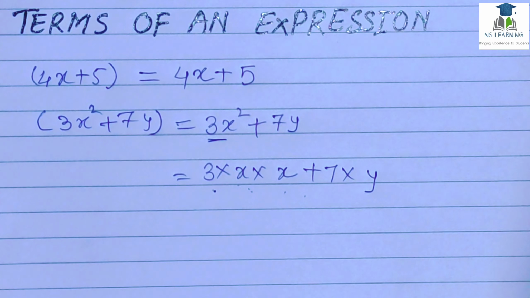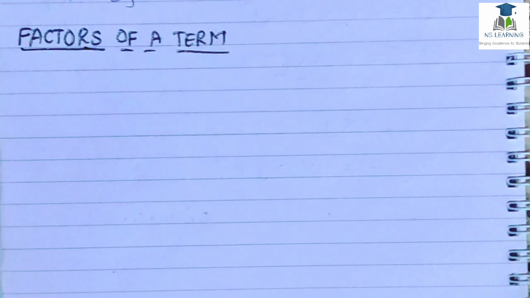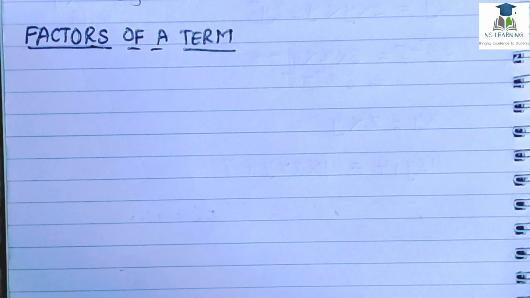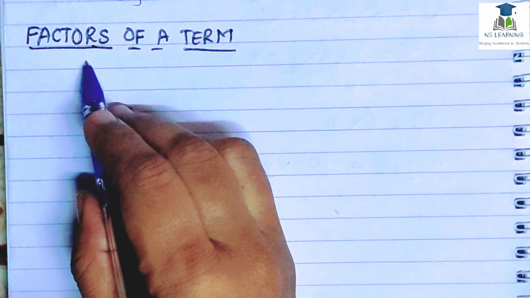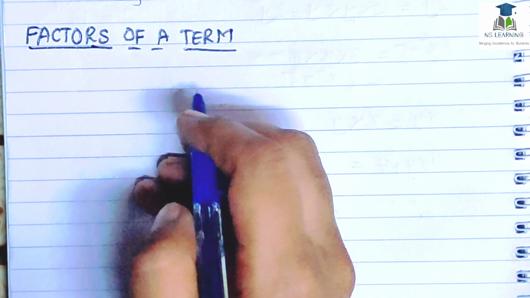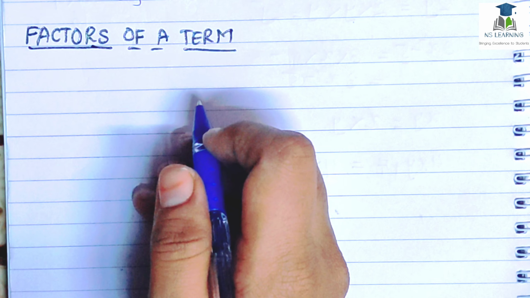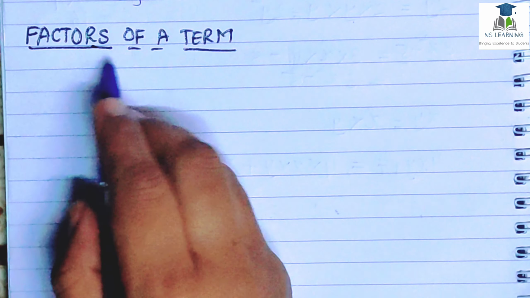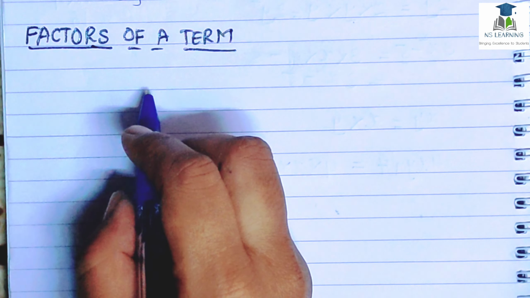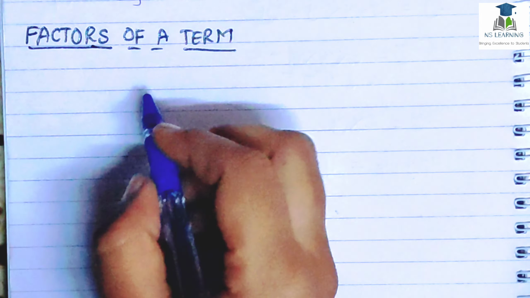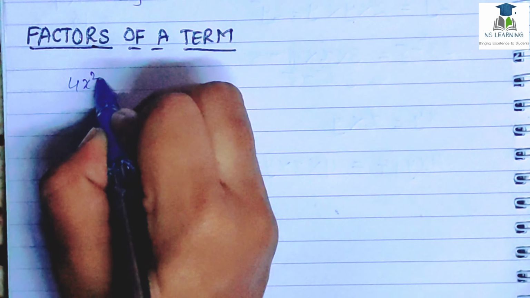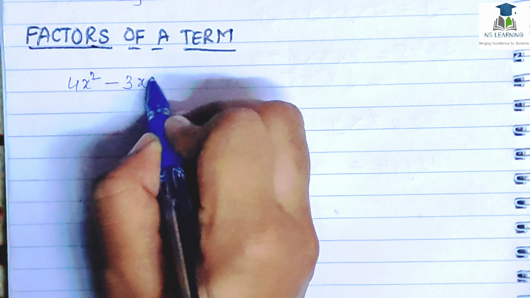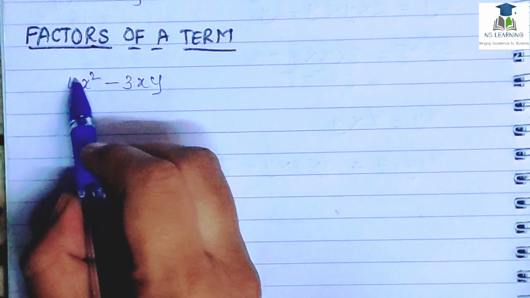So now we are going to move on to factors of a term. We saw above that the expression 4x square minus 3xy consists of two terms.